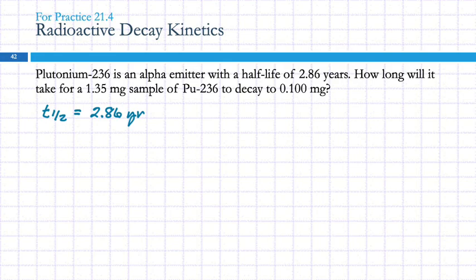Do we care if it's an alpha emitter? No, it has nothing to do with solving this problem. So we were just looking at how the natural log of the number of nuclides at time t divided by the number of nuclides at time 0 is equal to negative k times the time.